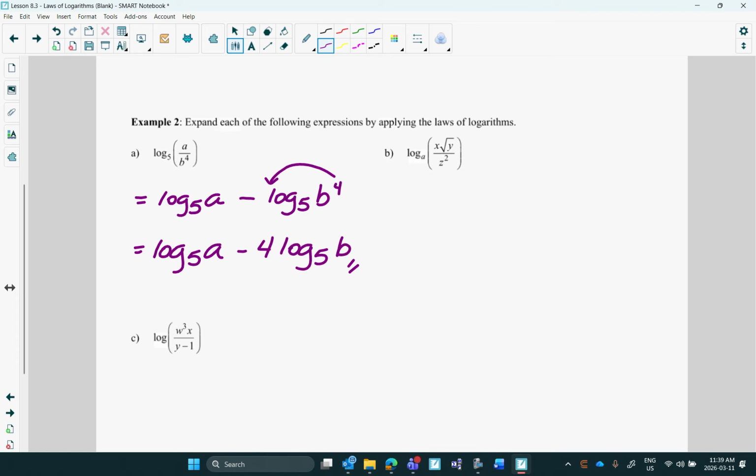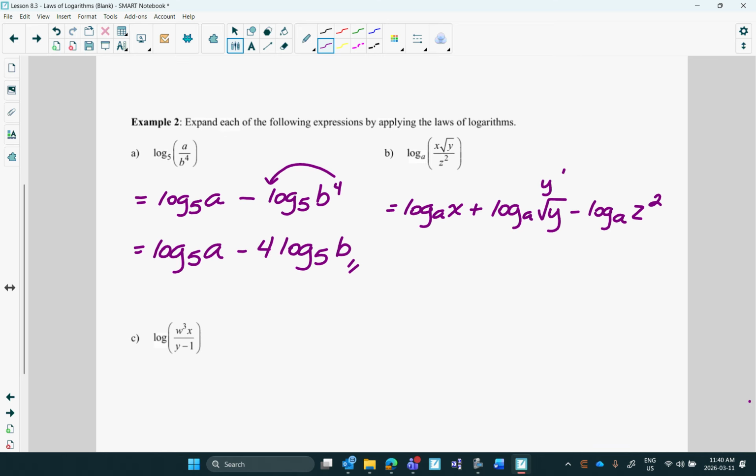How would I separate this out to start with? Log a x plus log a square root y minus, right. Now, any exponents have to be put in front, but you've got to be careful here. This is actually an exponent, isn't it?